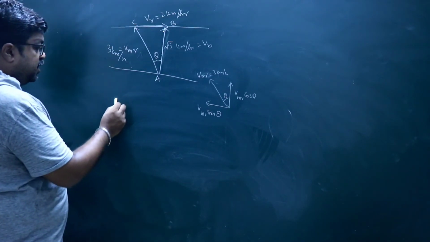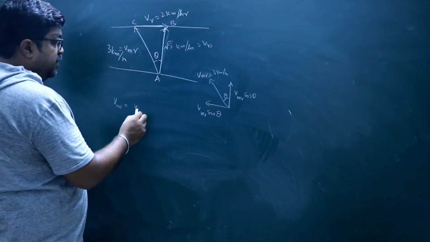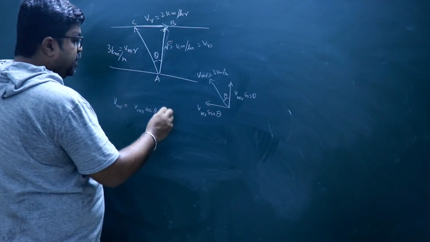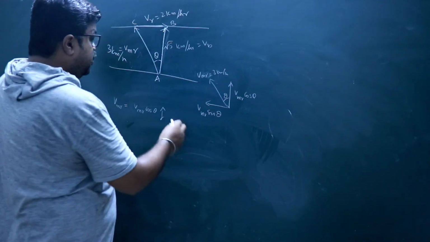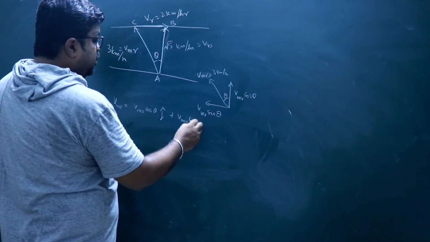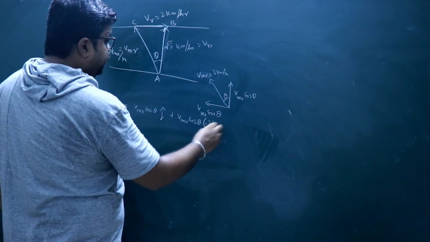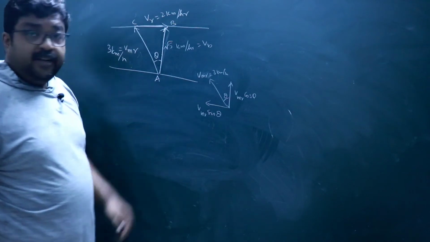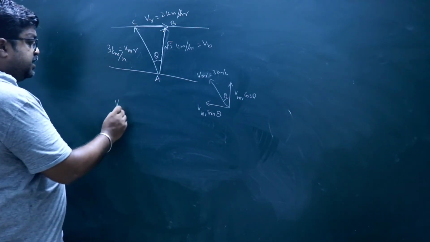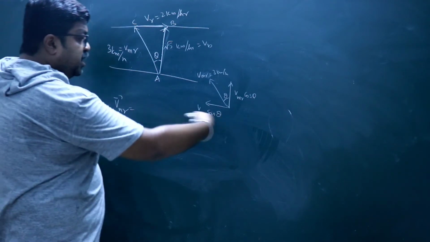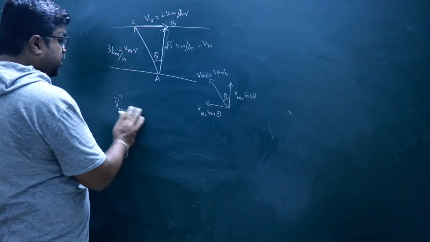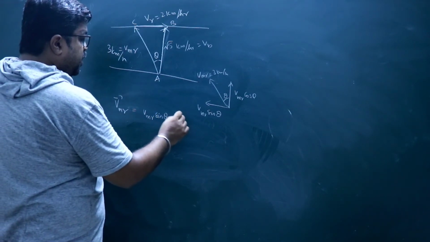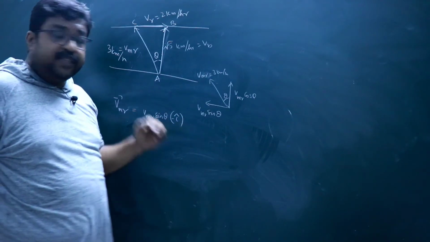So I can write the vector form of VMR. This is along y-axis, so j cap, and this is along negative x-axis, so VMR sin theta minus i cap, because it is along negative x-axis.